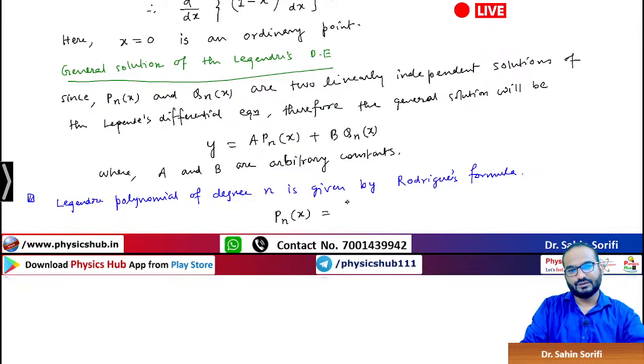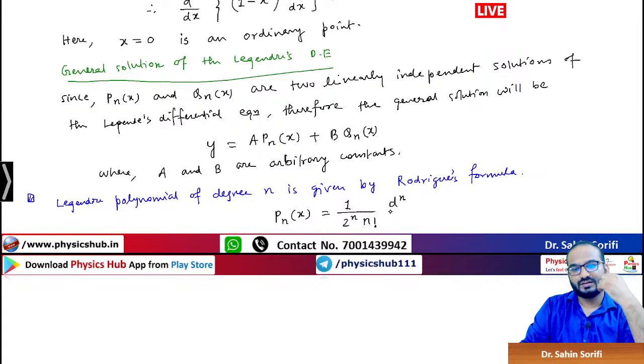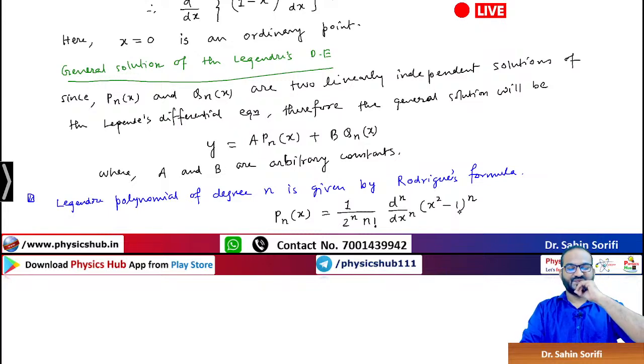This is written as 1 by (2 to the power n, n factorial) times the n-th derivative with respect to x of (x square minus 1) whole to the power n. It means if you keep on putting different values of n, you will get different degrees of Legendre polynomial.